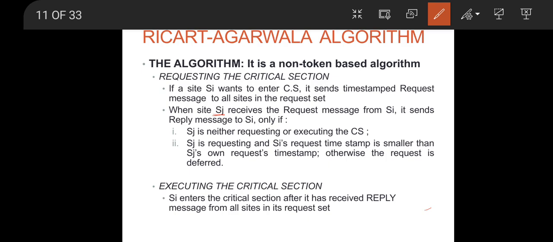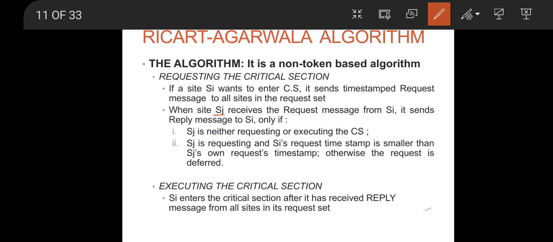So the reply message will be deferred. The reply will not be sent if Sj also wants to enter the critical section and Sj's own request timestamp is smaller than Si's request timestamp. These are the steps in the requesting critical section phase.